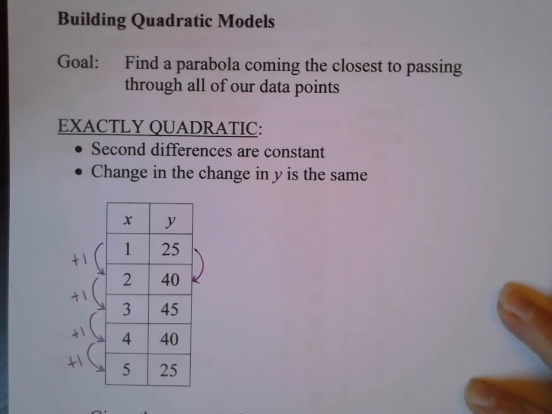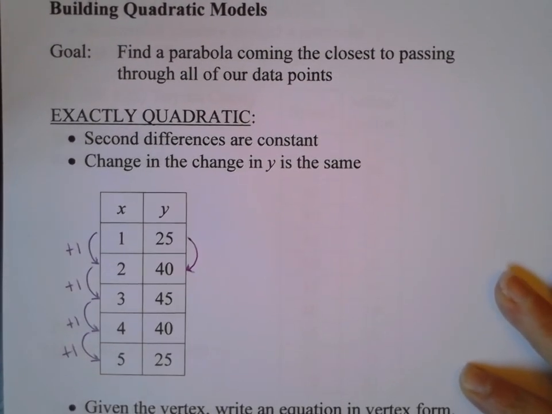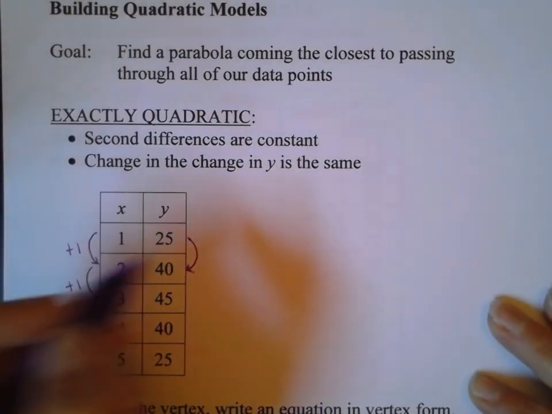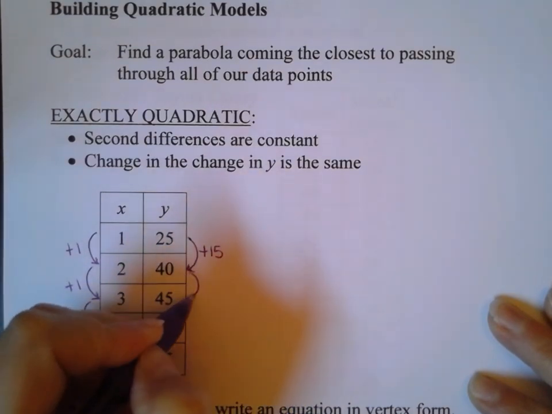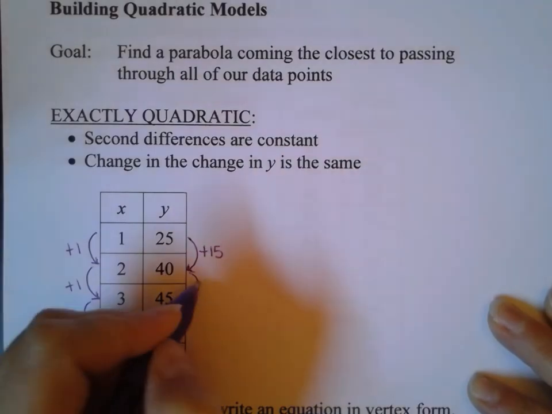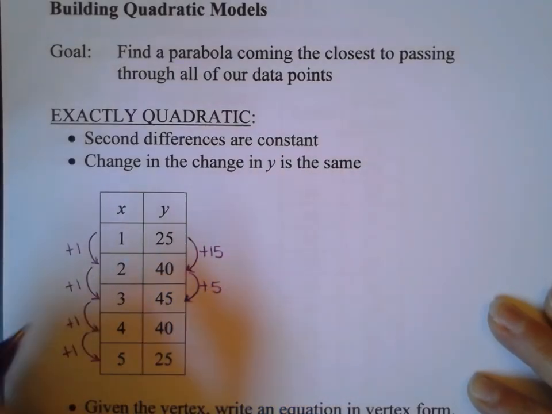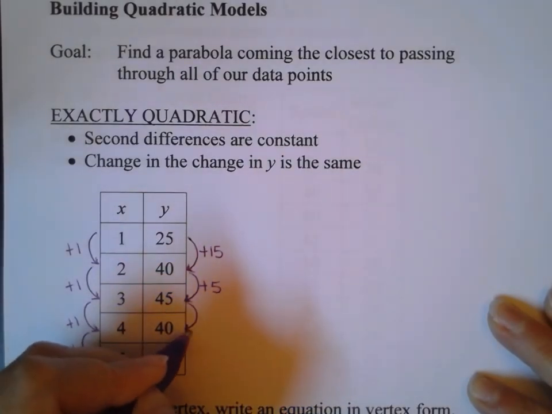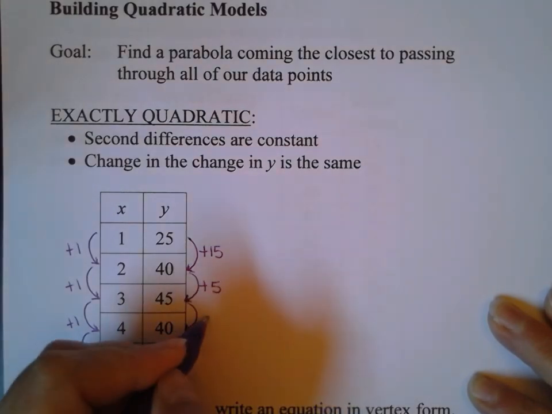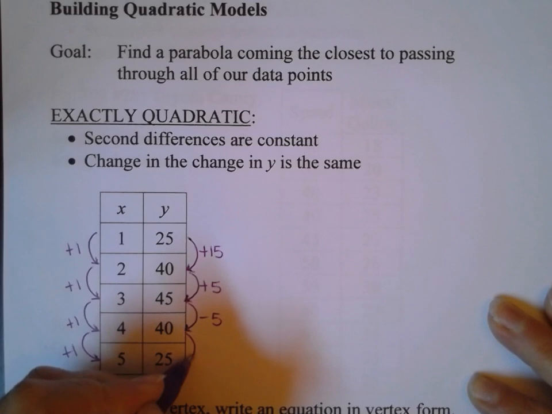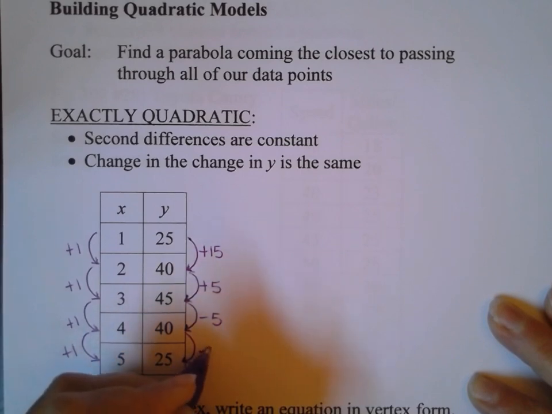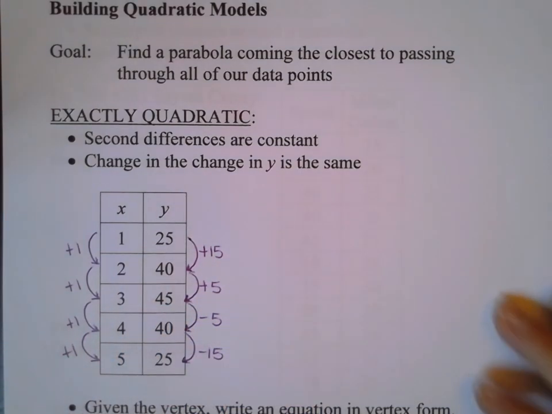So in this table, the change in y from 25 to 40 is going up by 15. From 40 to 45 is going up by 5. From 45 down to 40, it's going down by 5. And then from 40 down to 25, it's going down by 15.